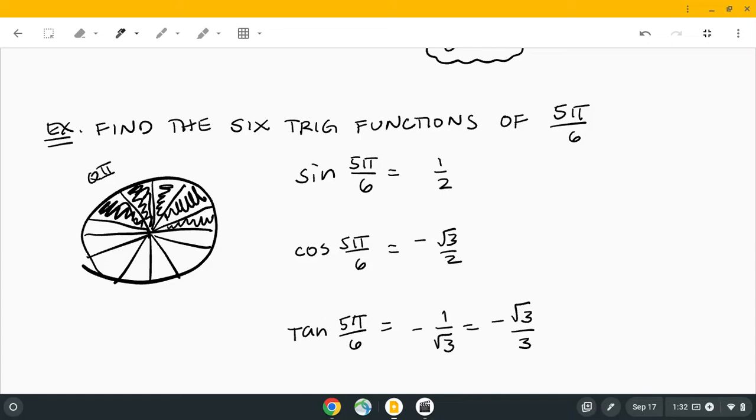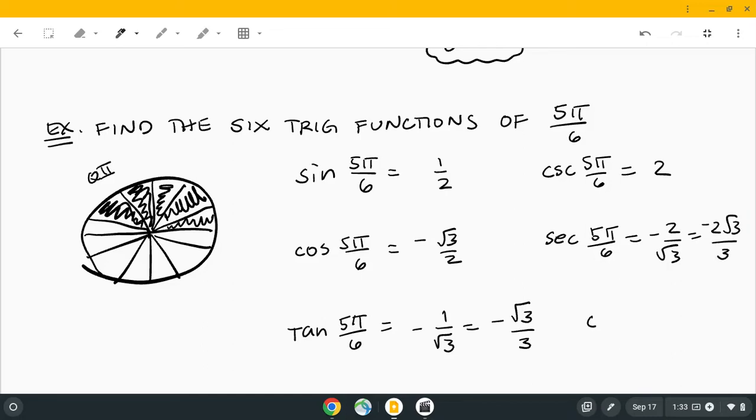Okay, and then the other 3 are the reciprocals. So cosecant of 5 pi over 6 will be 2. Secant of 5 pi over 6 will be negative 2 over square root 3. But if we rationalize the denominator, we get this.